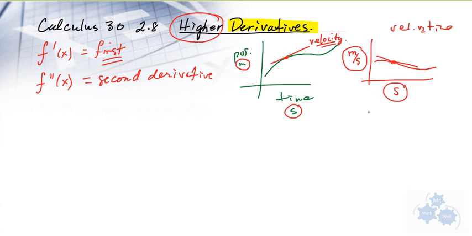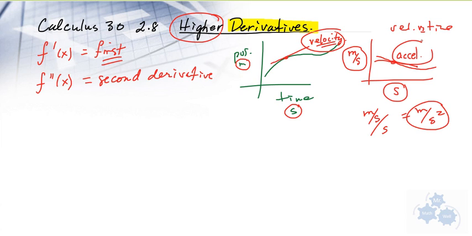Well, what's that? It's velocity per time, which is meters per second squared. And so the derivative of the derivative is, in this case, acceleration. So that's your measure of your acceleration. Again, more on that later.